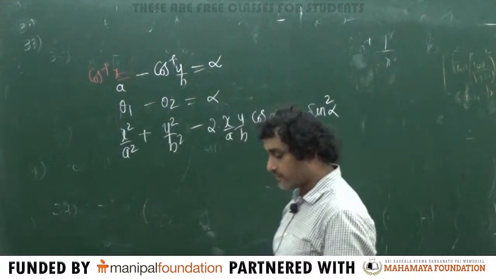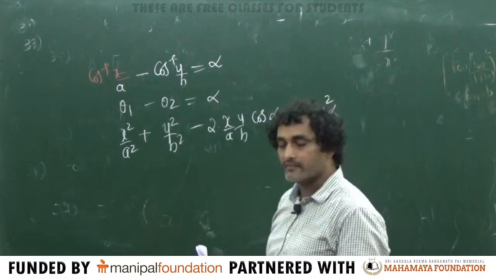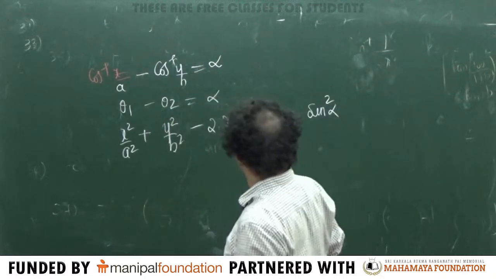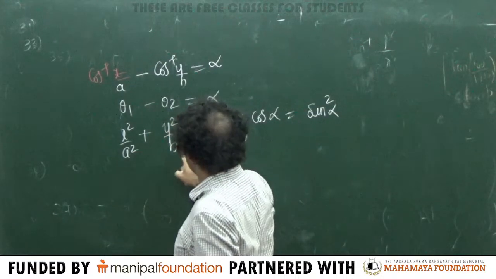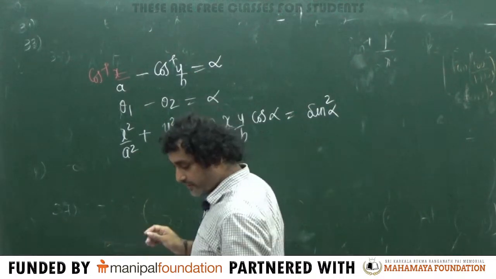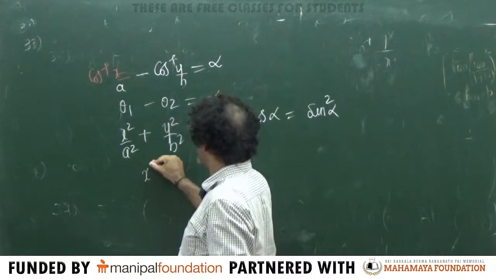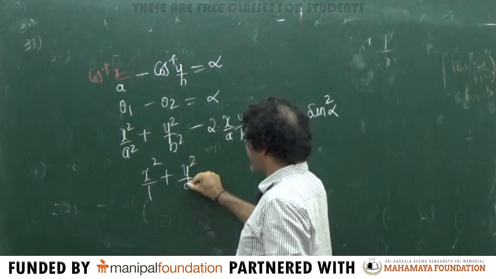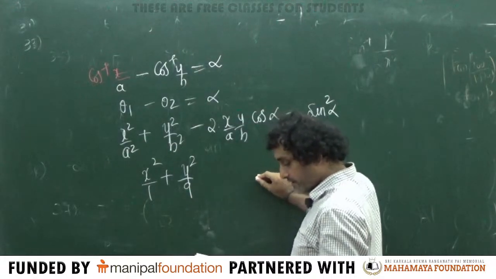What you do is, the highest value of x was 1, and of y was 3. So simply assume that a is 1 and b is 3. Is that okay? Tell me what you get. You are almost there. Plus y square by 9, correct, right?